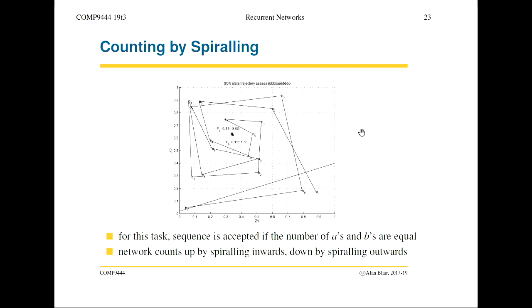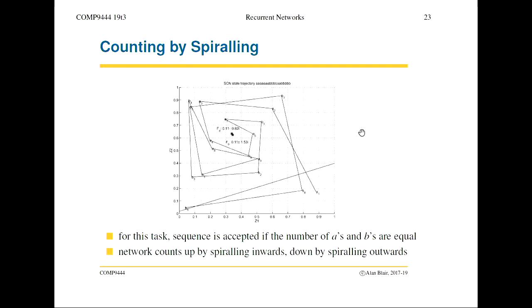As you process the A's, you spiral inwards like this, and then when you see some B's, you start spiraling outwards, and then when you see A's, you spiral inwards again, and then outwards again, and at the end, it can tell whether the number of A's and B's matches.